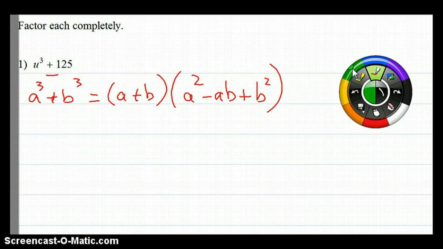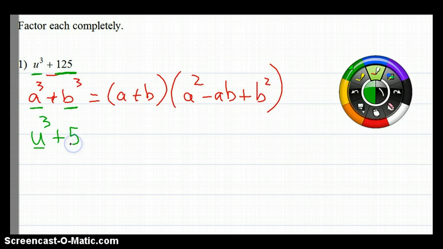Now the second thing you want to do is recognize what A and B are. I have a u cubed here instead of an a cubed, so A is just going to be u. But B is going to be what times what times what is 125.